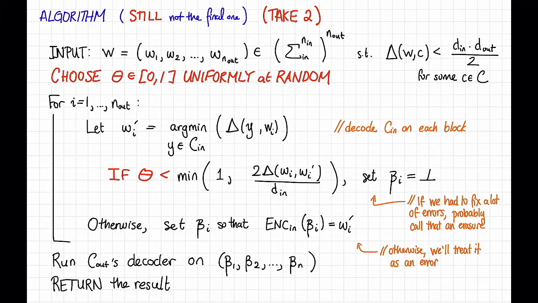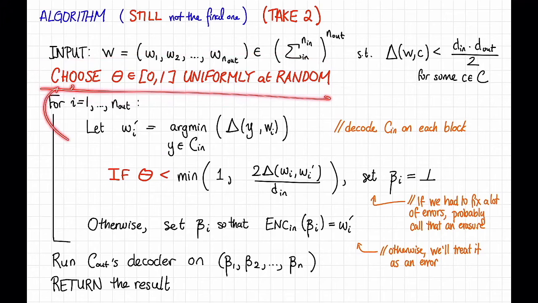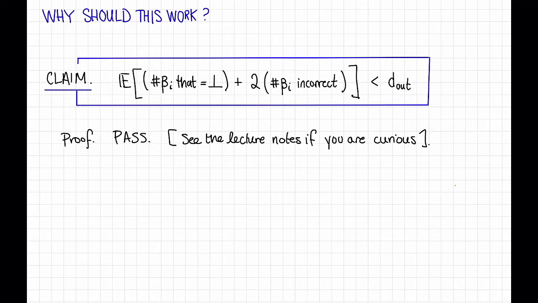That is, if theta is less than this thing, we'll set beta i equal to bot, and otherwise we'll do the other thing. Notice that if this choose-theta-uniformly-at-random line were in here, it would be exactly the same as the previous algorithm. So all we're doing here is moving the randomness outside the for loop. We're using the same source of randomness for each one of these beta i decisions. It turns out that this claim still holds even with that modification.